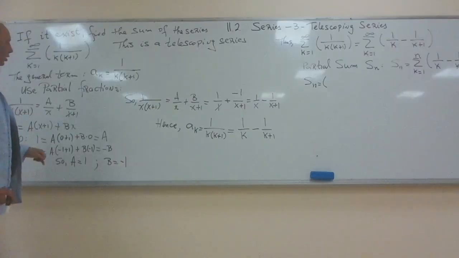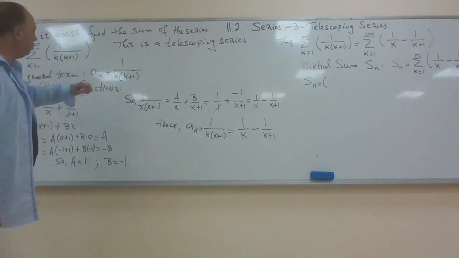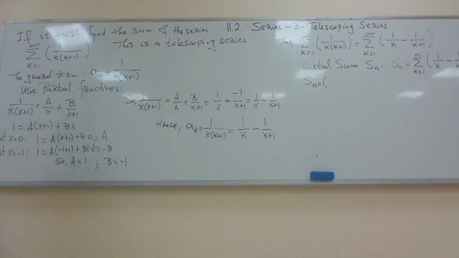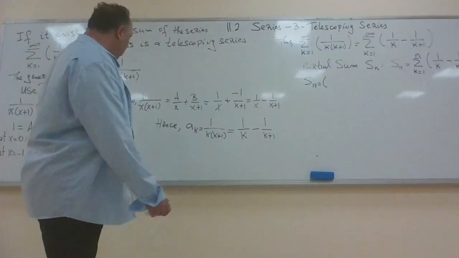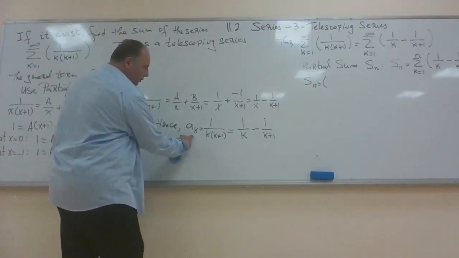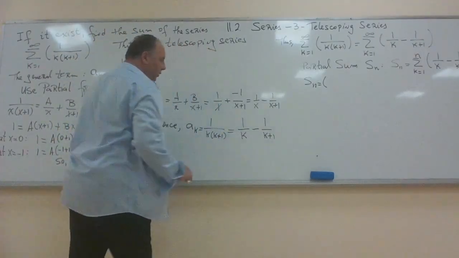And for each value k equals 1, 2, 3, 4, 5, we actually reproduce our terms in the general term. So there's nothing problematic here. We can just go to the partial fractions, find the values of the coefficients, and then rewrite the partial fraction in two pieces. So our general term now is split in these two pieces.